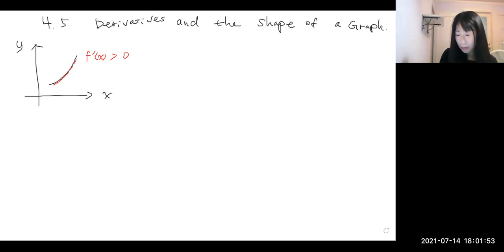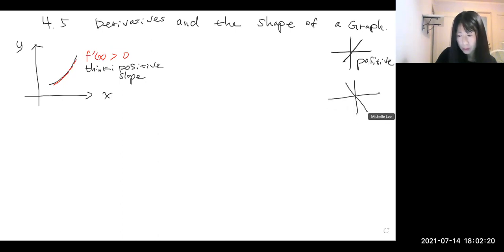Because the slope, f prime, is the derivative. We talk about the slope, then positive slope, right? Because from algebra, we know that this is a positive slope and this is a negative slope, right?